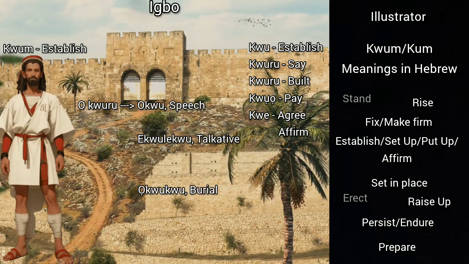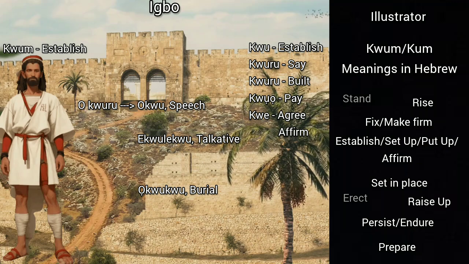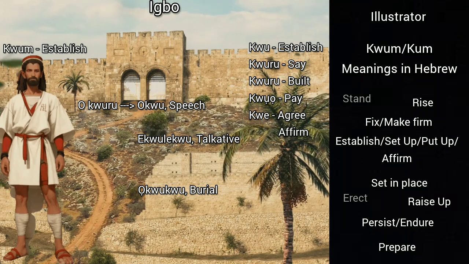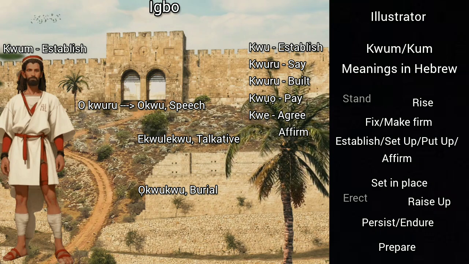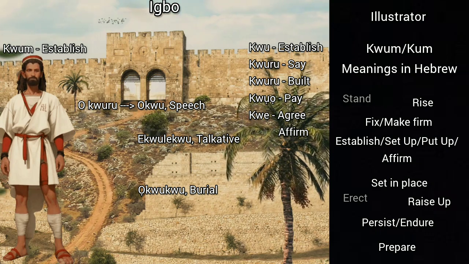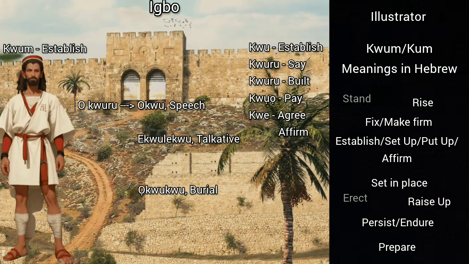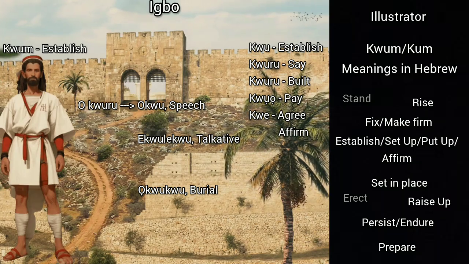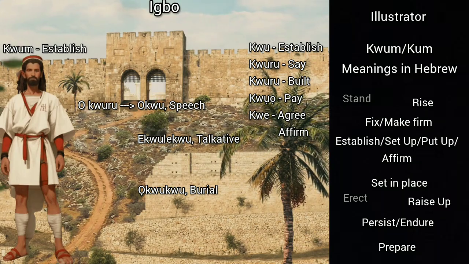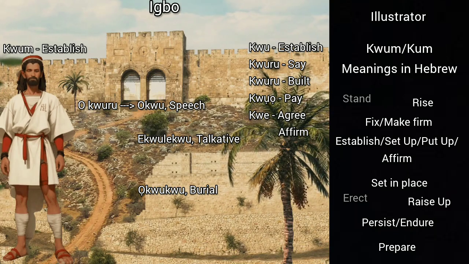On the surface, it means a burial, but with our understanding thus far from these Hebrew meanings, we understand that the earlier Igbo ancestors who called it Okuku were actually saying setting up, to set something up, to raise it up, to organize it, setting up the burial arrangement for the deceased person.